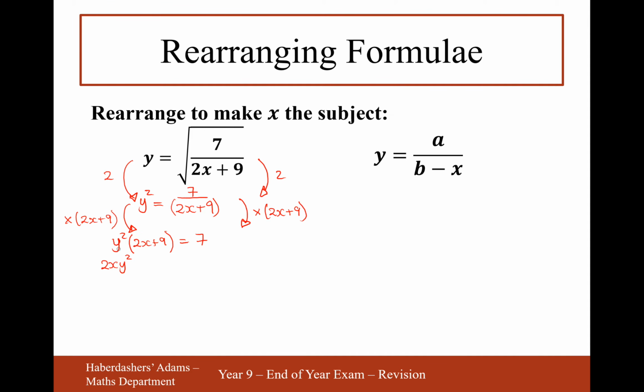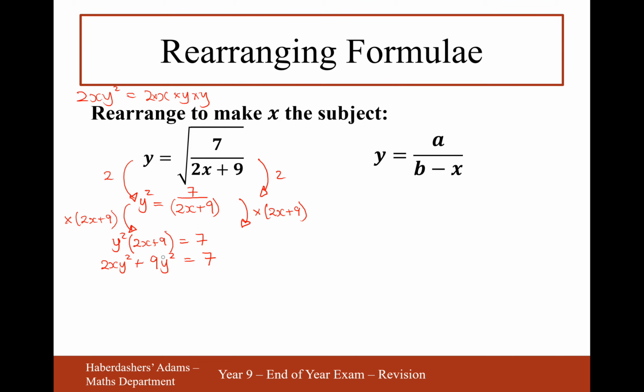It's just y that's being squared here, so the square must stay attached to the y. This is effectively saying 2xy squared is the same as 2 times x times y times y. It's only the y that's being multiplied by itself twice. And then expand the bracket with the 9 at the back, so it would be plus 9y squared equals 7.